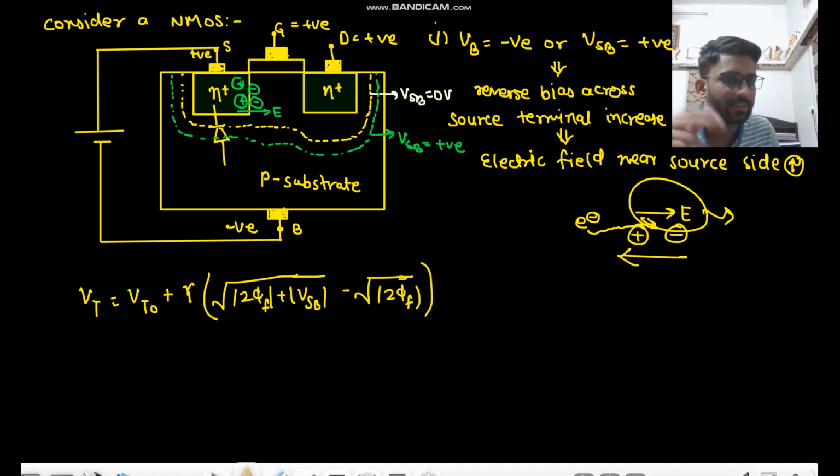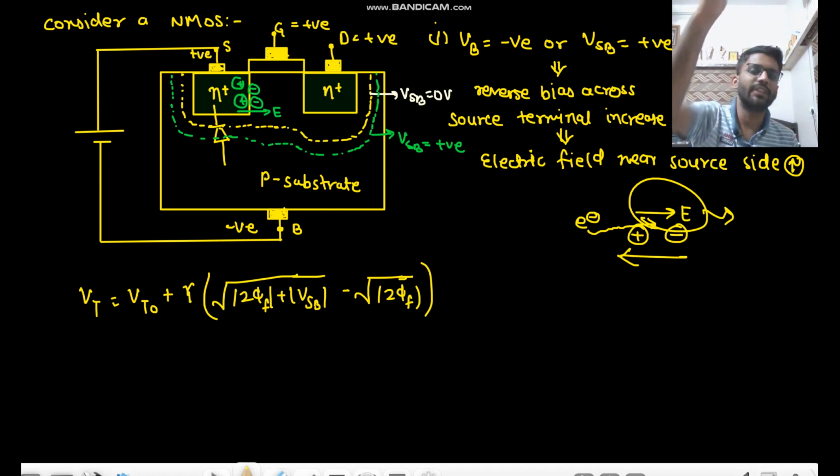Because of that, the reverse bias increases, the depletion layer increases, and there is a high electric field. So the electron coming from the source terminal feels a high force back toward the source. To break this electric field, you have to apply more VGS.